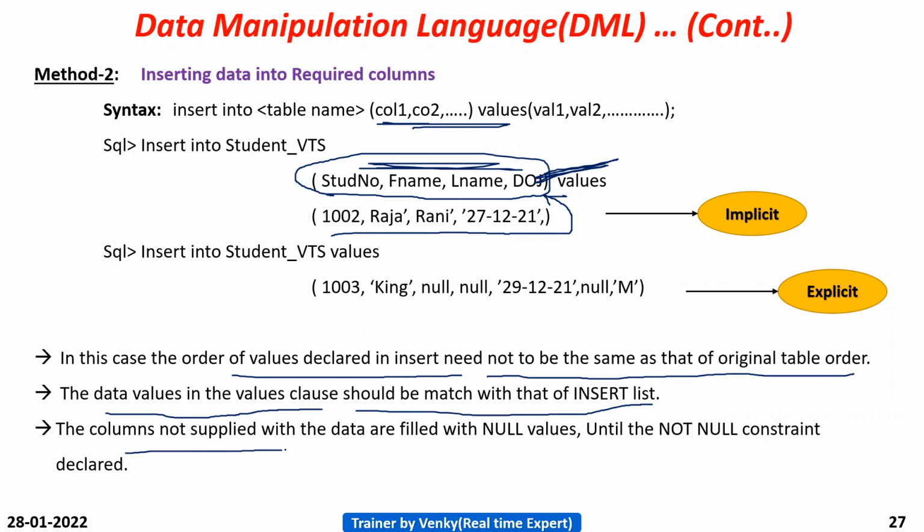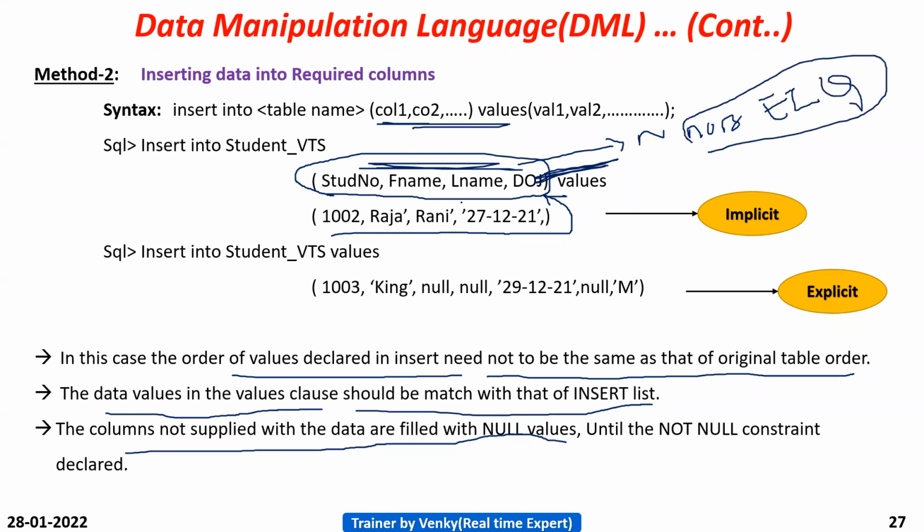The columns not supplied with the data are filled with null values. That means the remaining columns you are not supplying data for, date of birth, fee, gender, those columns you are not supplying, supplying in the sense inserting here, are filled with null values unless there is a not null constraint.